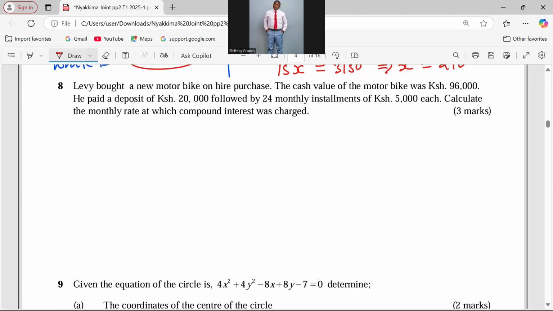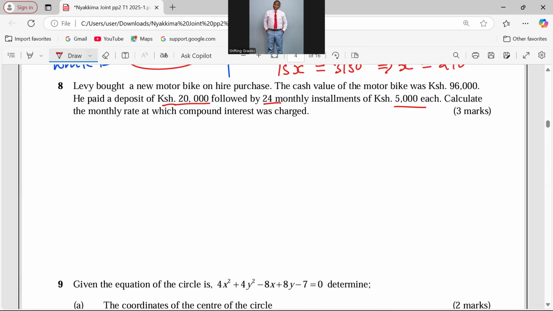Levi bought a new motorbike on hire purchase. The cash value of the motorbike was 96,000 Kenya shillings. He paid a deposit of 20,000 Kenya shillings, followed by 24 monthly installments of 5,000 Kenya shillings each.